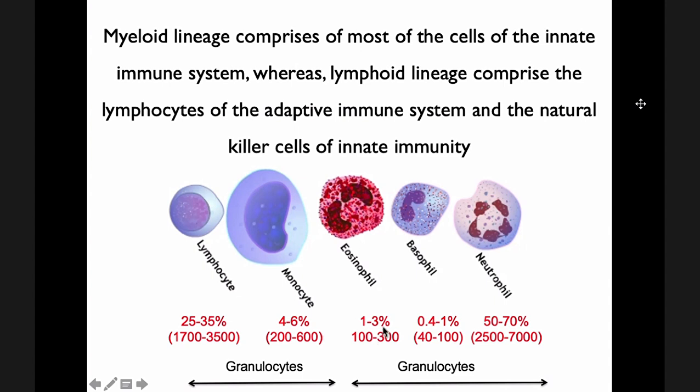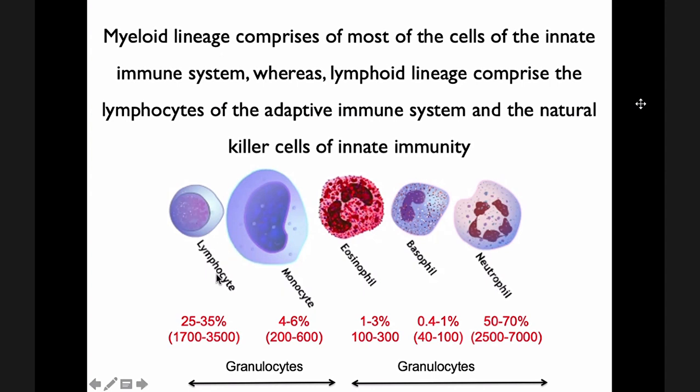Eosinophils are 1 to 3%, and basophils, sometimes you may not find out of 100, but their range varies up to 1%. Neutrophils are the predominant cell type you will find on a slide that you have stained with these dyes. You cannot miss neutrophils.